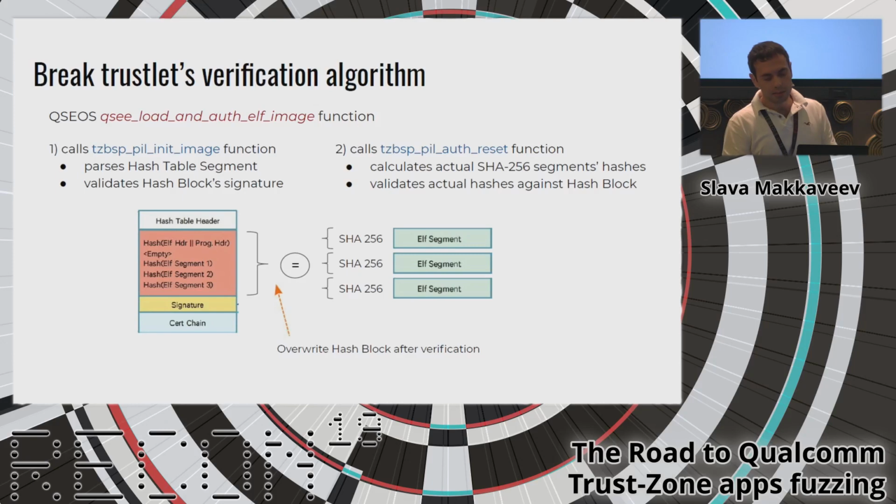After that, another function, pil_auth_reset, will calculate the actual hashes of all program segments and compare these actual hashes with those validated previously. And I implemented a payload which will overwrite the hash block of the ELF right after its verification and before comparison with the actual values.